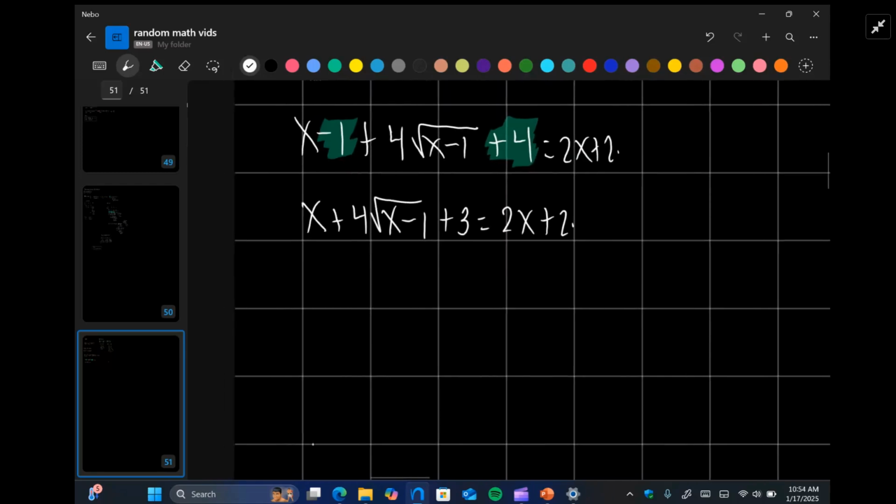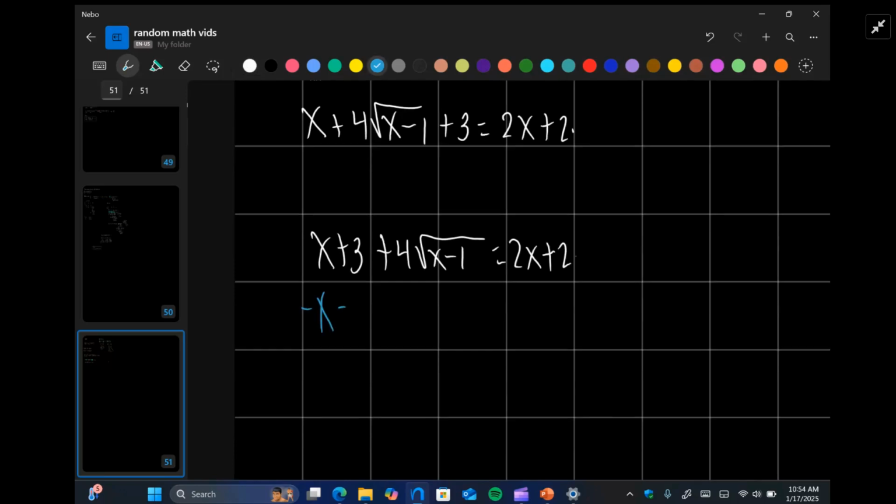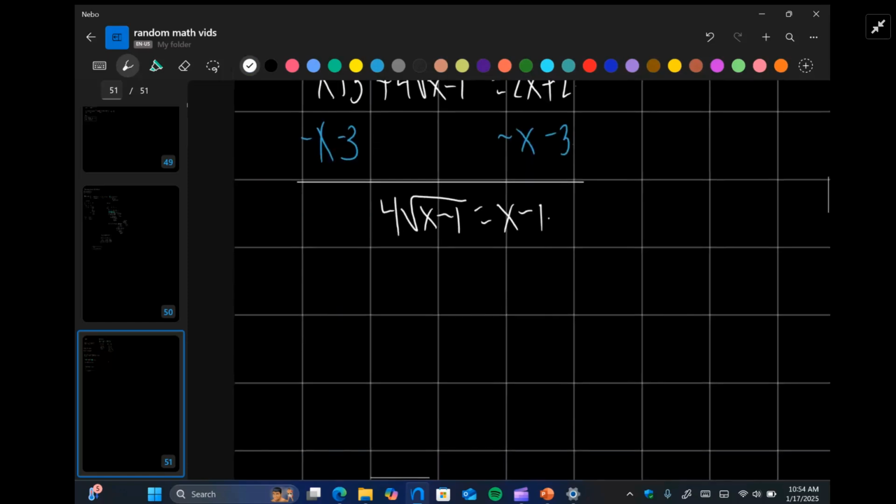You can also write it as x plus 3 plus 4 square root of x minus 1 equals 2x plus 2 if that's easier. So now all you need to do is subtract x, subtract 3. We get 4 square root of x minus 1 equals x minus 1. Okay, so now we're going to square both sides.